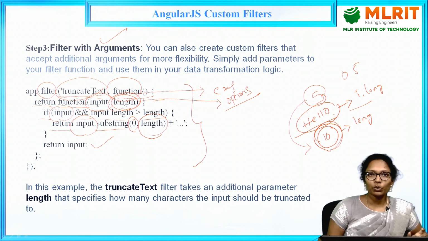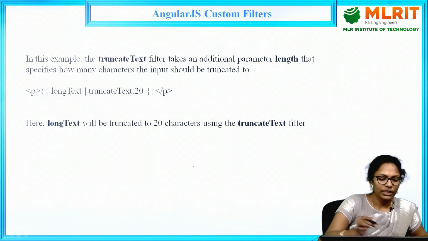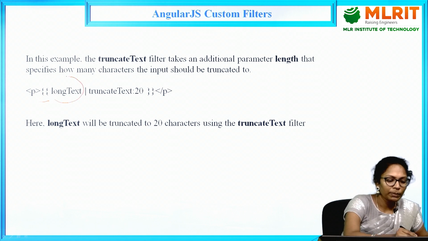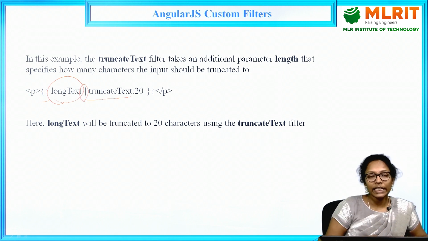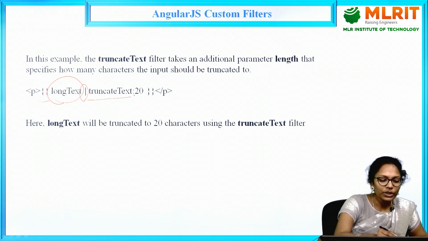Now how to call this filter? So this is the thing. Within double curly braces, I am passing a variable here. The variable name is longText. For this, I am applying the filter with the pipe symbol, and the name of the filter is truncateText. Truncate text is my user defined filter name. After the colon, I am giving 20.